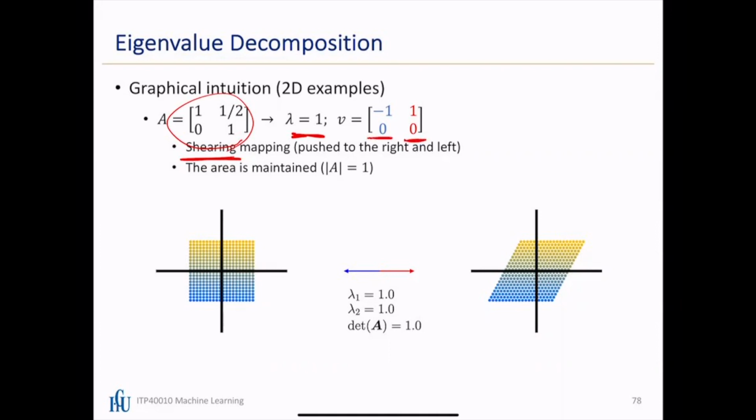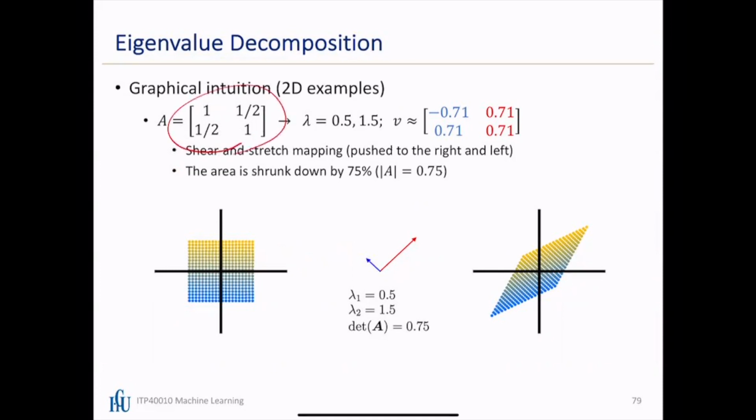One is (-1, 0), the other is (1, 0). You can draw one vector like this, the other vector like this, and their magnitudes are both 1. In this case, the transformation works like this. You are pulling stuff this way and pulling stuff that way, and the combination of these two becomes this.